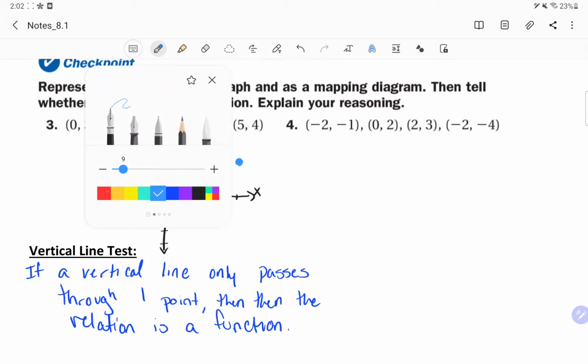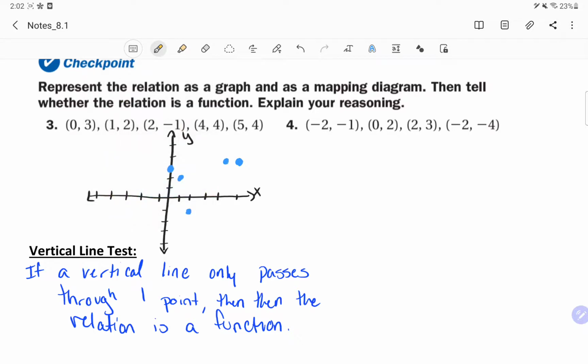All right, so now we need to go and look and see if this relation is a function, okay? So I'm going to do my vertical line test. I'm on a graph. Vertical line test seems like an easy option, so that's what I'm going to do. So what you do is you go in and you add vertical lines on every point, okay? If any of these vertical lines, remember vertical is up and down, hit more than 1 point, that means I don't have a function.